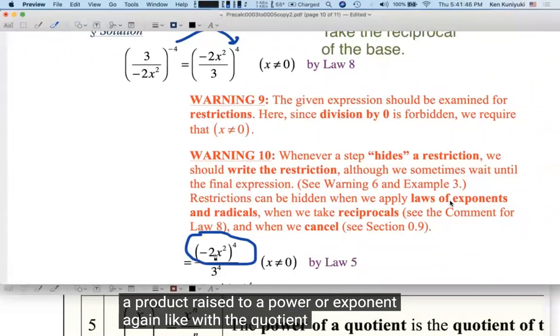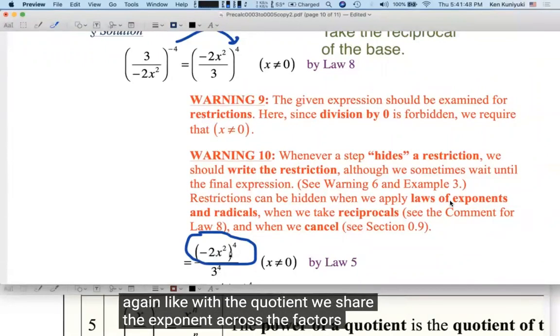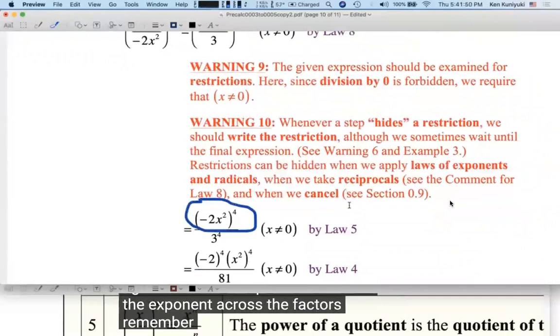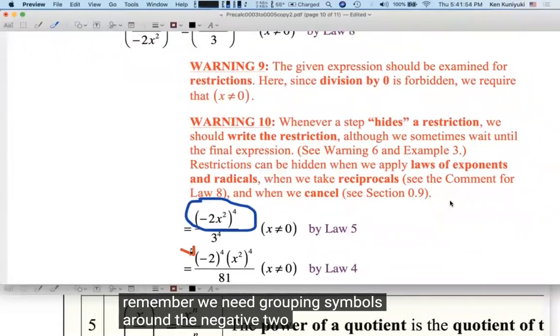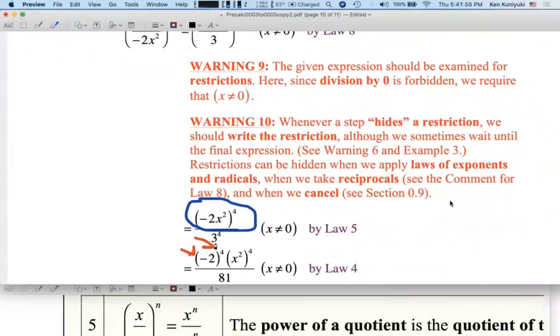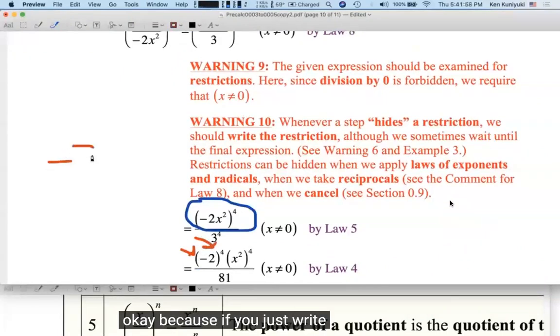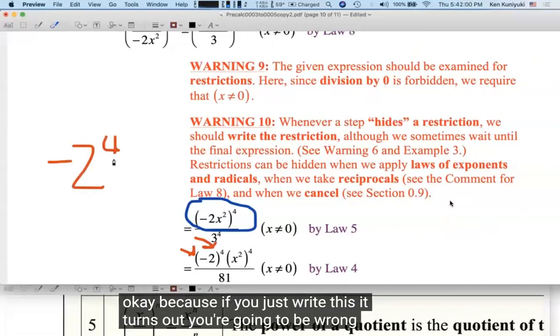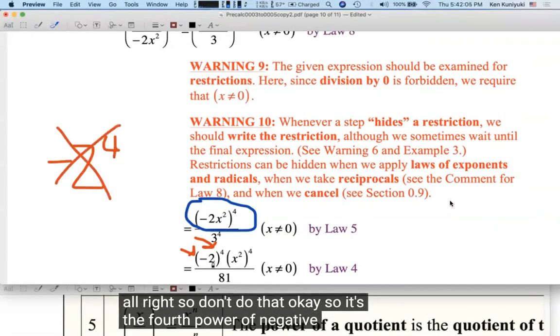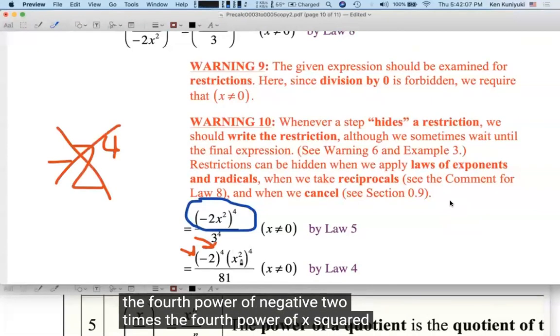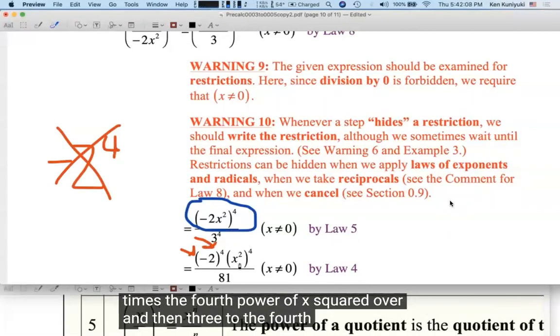Again, like with the quotient, we share the exponent across the factors. Remember, we need grouping symbols around the negative 2, because if you just write this, you're going to be wrong. So don't do that. So it's the fourth power of negative 2 times the fourth power of x squared over, and then 3 to the fourth is 81.